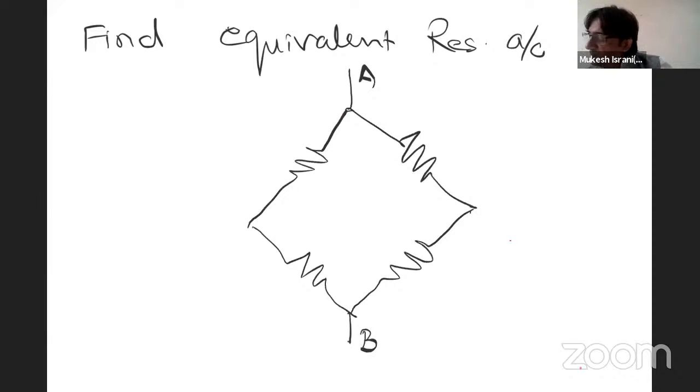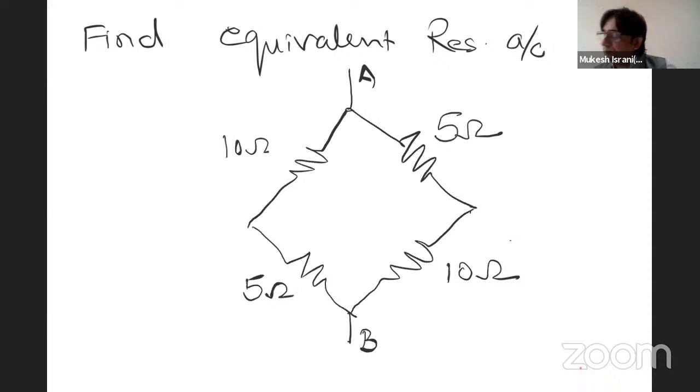So again, the question will be find equivalent resistance across points AB. This is 5 ohm, 5 ohm, and this is 10 ohm and 10 ohm. So can you tell me the equivalent resistance across points AB?